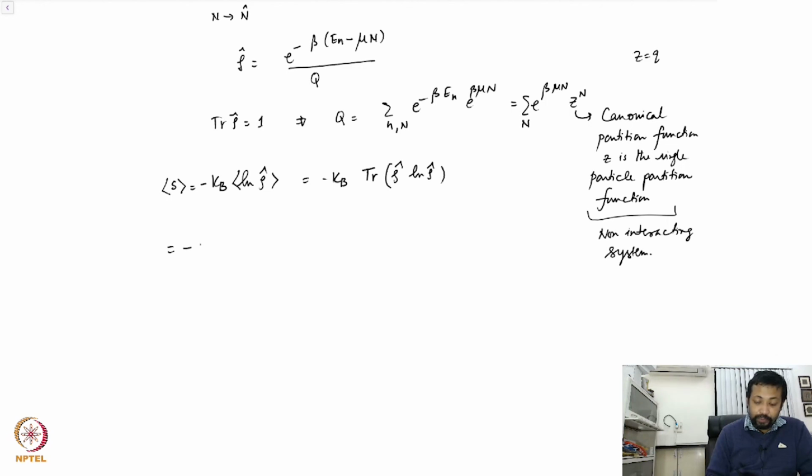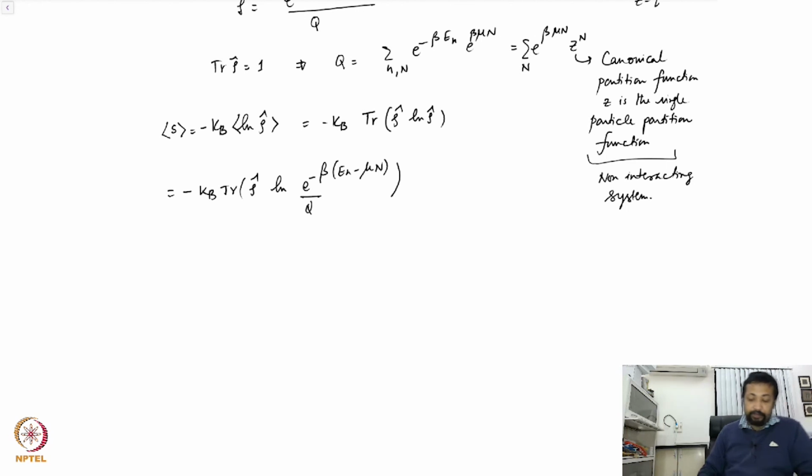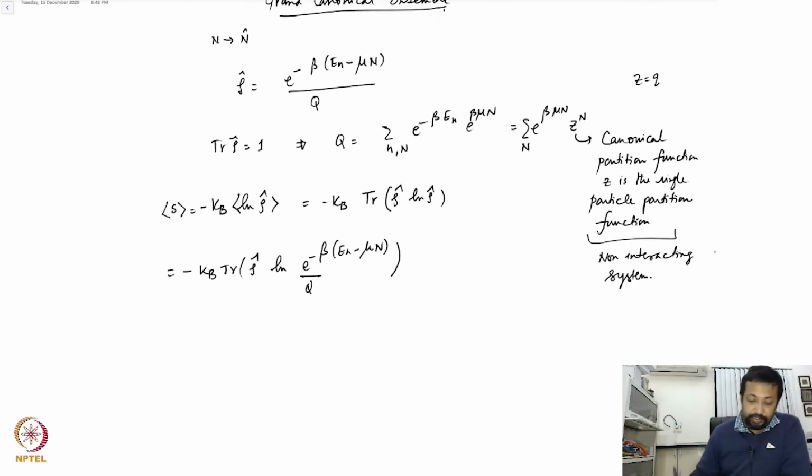So minus k_B trace, we keep the rho hat and we write ln rho hat as minus beta (E_n minus mu n) minus ln Q. I'm sorry, if this is the Hamiltonian, then this is the density operator, so one has to be careful over here.